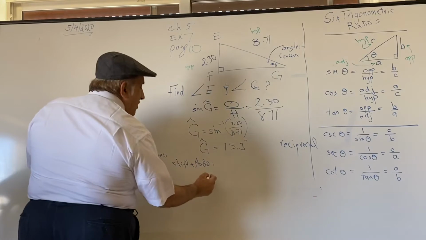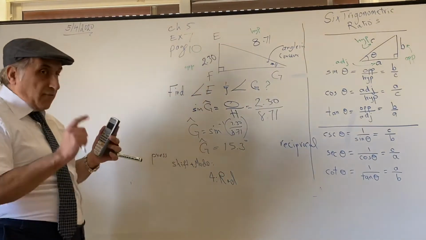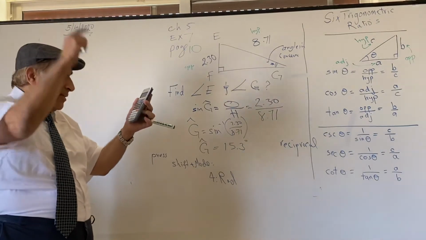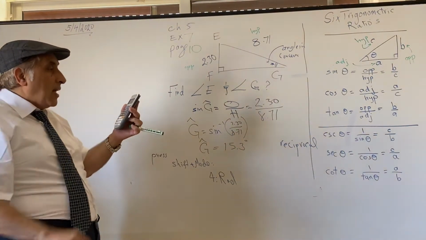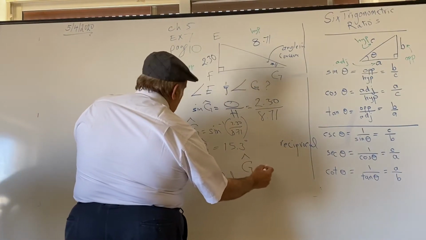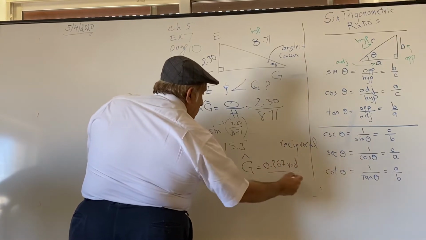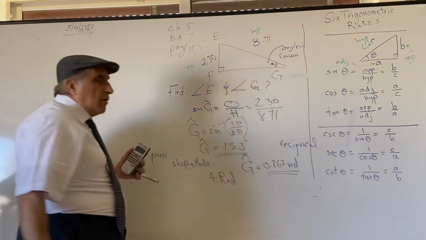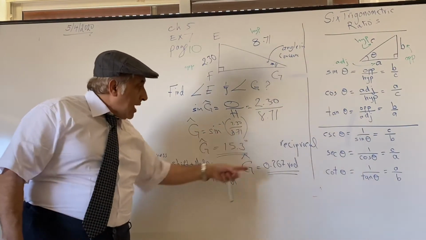What does 4 say? 4 says radians, and if you press it, you get radians. Let's try it. Number 4. And the answer is 0.267 radian. So the measure of angle G can be in degrees or in radians.